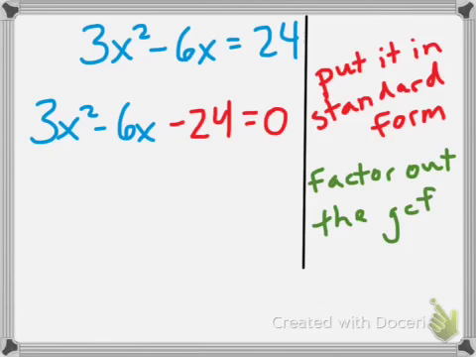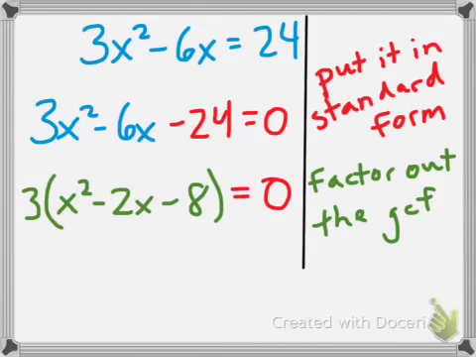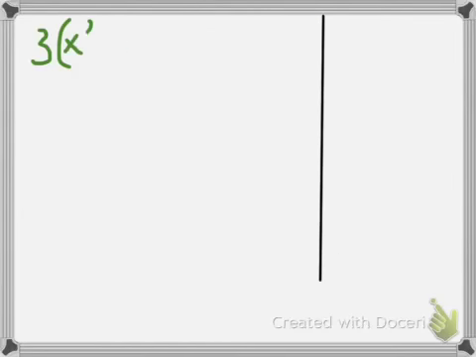Okay. Now, we're going to factor out a greatest common factor if we have one. In this case, is there any number that we could divide all three of them by and have them divide evenly? Looks like 3 will go, so divide everything by 3. Okay, there we go.